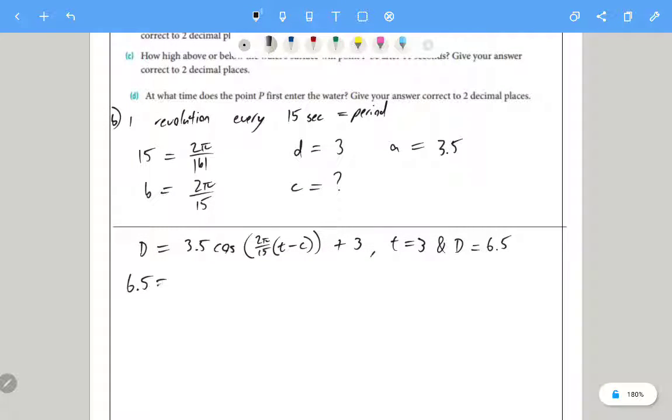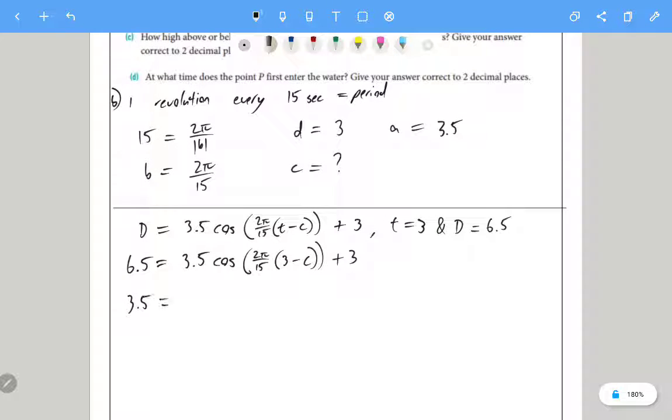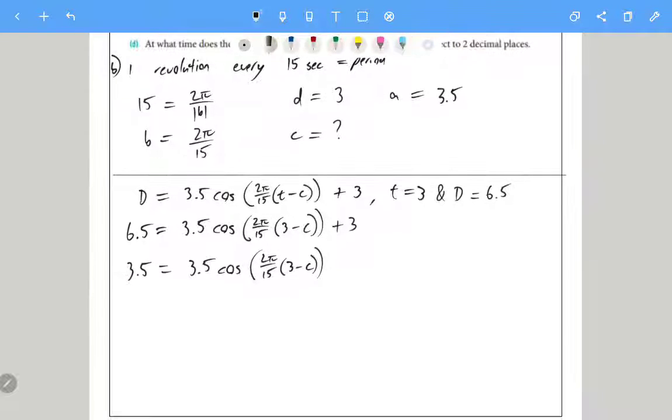So we can substitute that in. We get 6.5 equals 3 plus 3.5 cos of 2 pi over 15 times 3 minus c. Alrighty, so subtract 3 from both sides, we get 3.5. Once again, here we can divide both sides by 3.5, and we're left with 1 on the left-hand side.